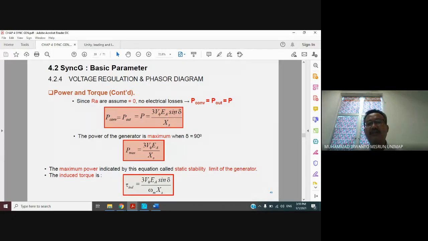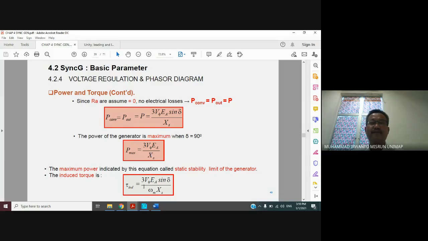The maximum value of sin delta is 1, which can be achieved when the angle delta is 90 degrees. When sin delta is 1, the maximum converted power or maximum output power is equal to 3 times phase voltage times internal generated voltage divided by synchronous reactance.